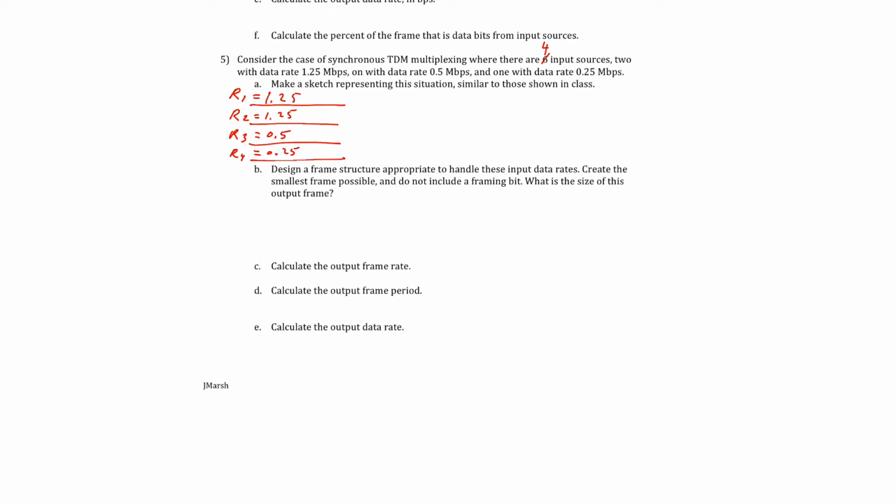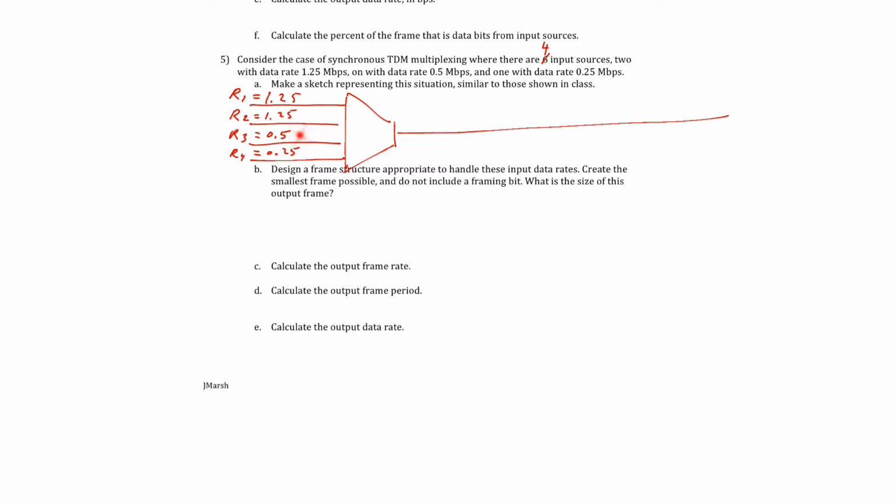how we're going to make this frame. Well, the lowest data rate is 0.25, and so that one's got the slowest bit arrival time. And if we're going at twice that speed, then 2 bits from 3 arrive whenever a bit from 4.